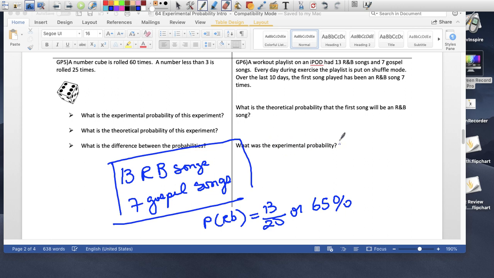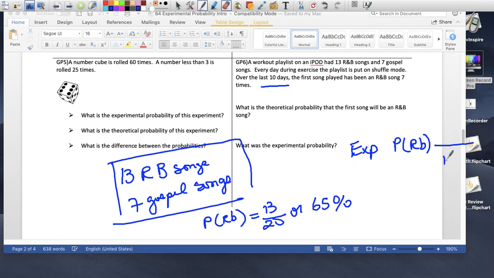What was the experimental probability? Well, the experimental probability of an R&B song. The last 10 times, how many times did you play this? You pressed play once every day for the past 10 days.